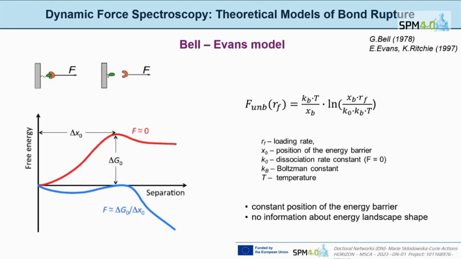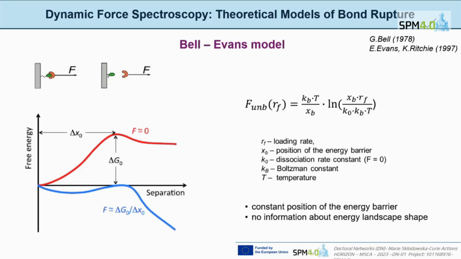the energy landscape. There are three models that are fitted to the data to obtain the description of how this separation occurs. We have a free energy barrier, and depending on the model, we can get information on where this barrier is and how high it is, so how much energy we need to give to the system to rupture the complex.